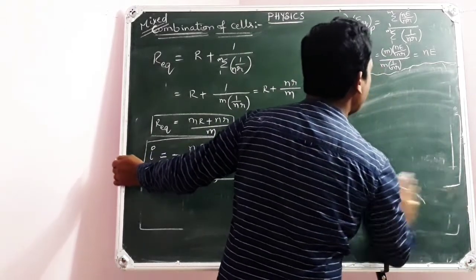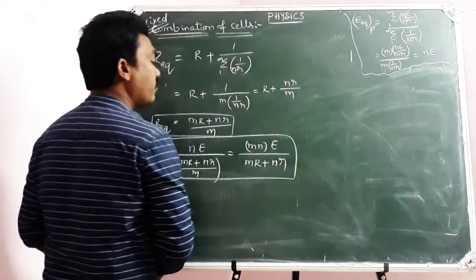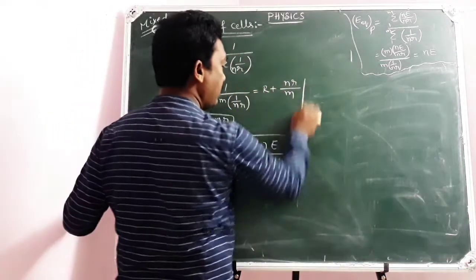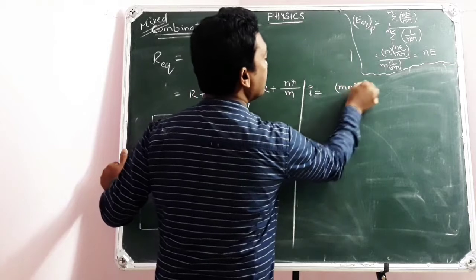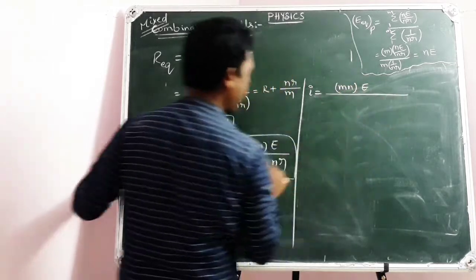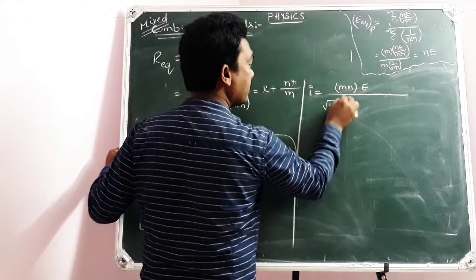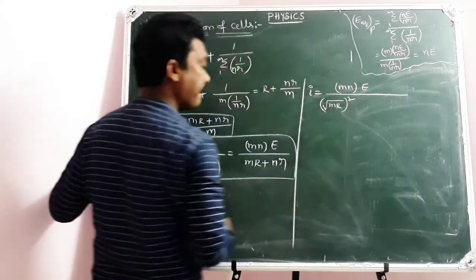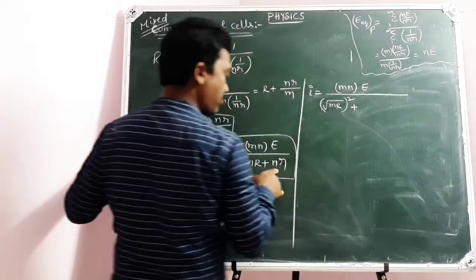Once you see I is equal to nmE by (mR plus nr), I am going for a small mathematical analysis here. I is equal to nmE by a denominator of the form A squared plus B squared.